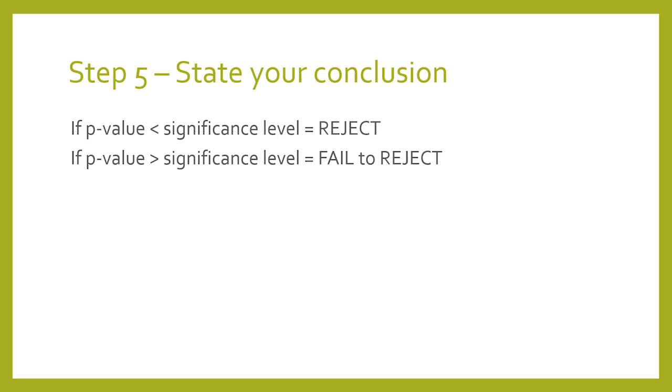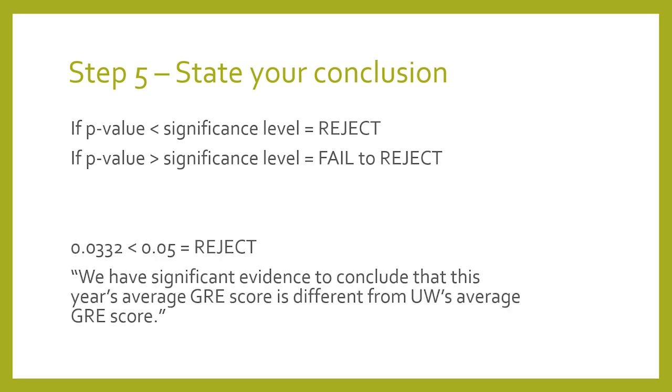If it is larger, then we will not reject the null hypothesis. Our p-value of 0.0332 is smaller than the significance level of 0.05. So for this problem, we will reject the null hypothesis. We might choose to interpret this in context and say that we have significant evidence to conclude that this year's average GRE score is different from UW's average GRE score.